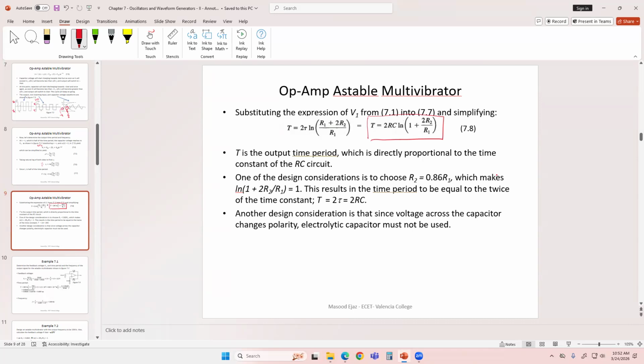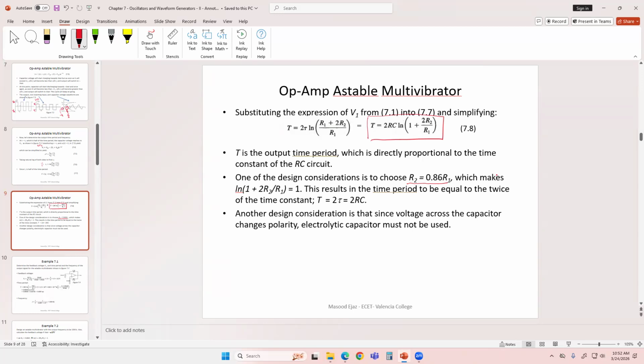When we are designing the circuit, we can take one consideration into account. We can choose R2 to be equal to 0.86 R1. That is going to give us the natural log of (1 plus 2 times 0.86), and the natural log of that whole quantity is going to be 1, which will give us the time period equal to 2 times the time constant, which is 2 RC.